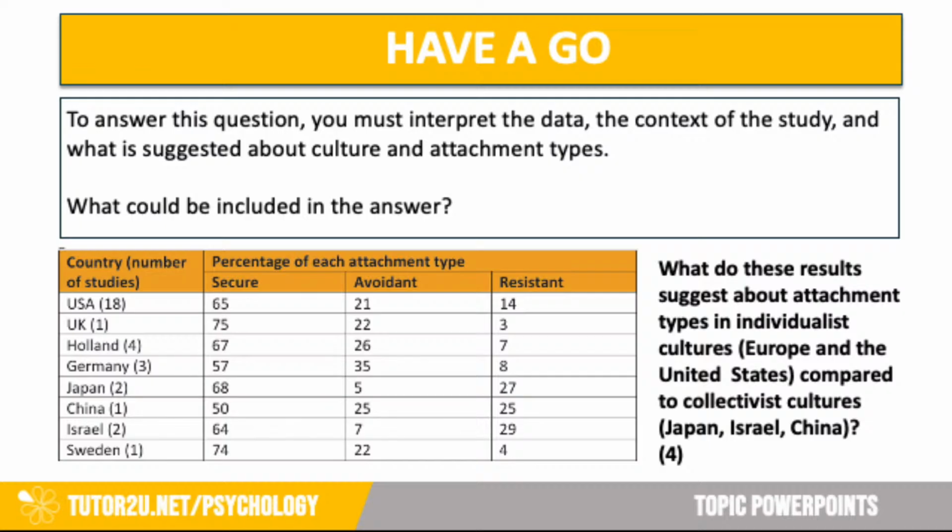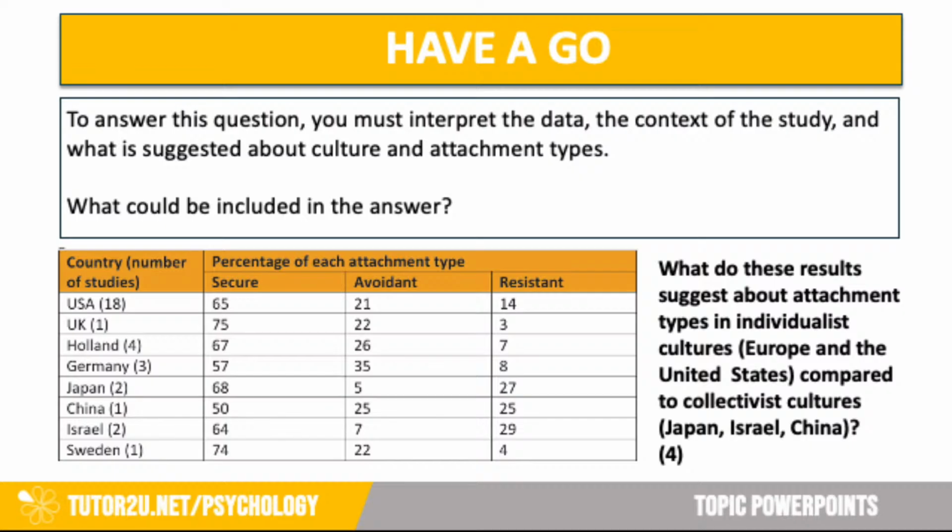Where do you think students go wrong in this, Anne? I think where they go wrong is perhaps by just giving you the findings and not actually thinking about what they suggest. Yeah. Yep. So Ben has come in there. There's more secure attachment types in individualistic cultures than collectivist.